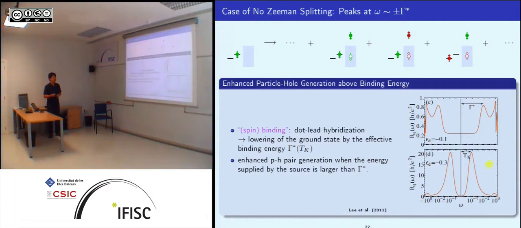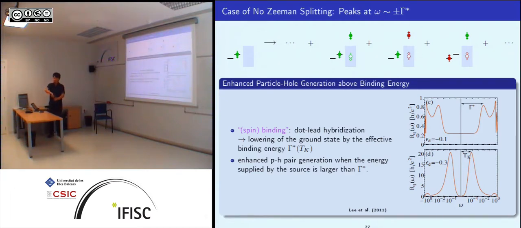Then how? First, see why we have a resonance peak at these finite frequencies. Actually, in the Kondo state, the dot electron and the electrons in the conduction band, the reservoir, have some spin binding. This is the origin of the Kondo effect. There is an effective antiferromagnetic coupling, so they form a singlet.